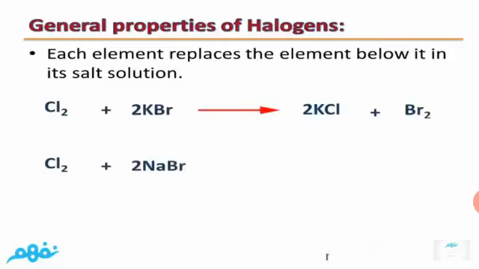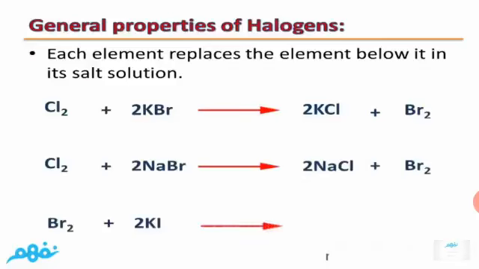Number 6. Each element can replace the element below it in its salt solution, where the order of the elements is F, Cl, Br, I. As chlorine is more active than bromine, it can replace it from its salt solution, forming potassium chloride and bromine Br2.